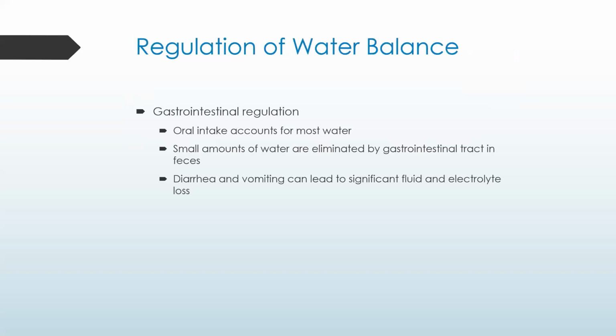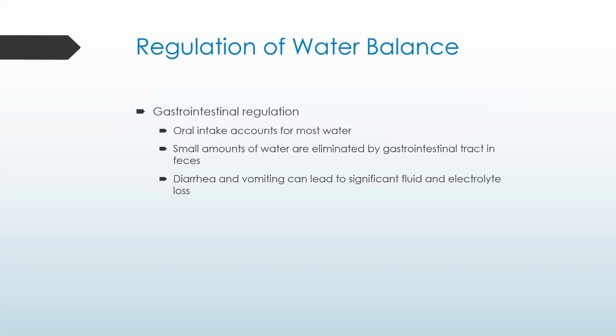Gastrointestinal regulation is with oral intake of fluids, which accounts for most of the water intake. Water intake also includes water from foods, metabolism, and water present in solid foods, which also has to be counted as intake of fluids. Lean meat is about 70% water, whereas the water content of many fruits and vegetables approaches 100%.